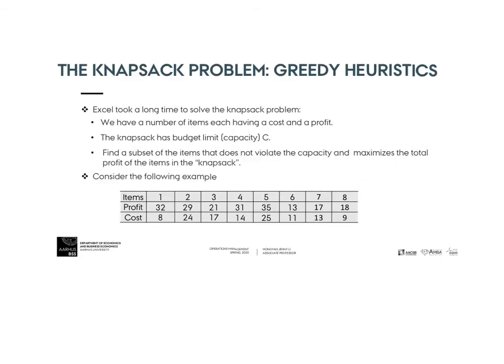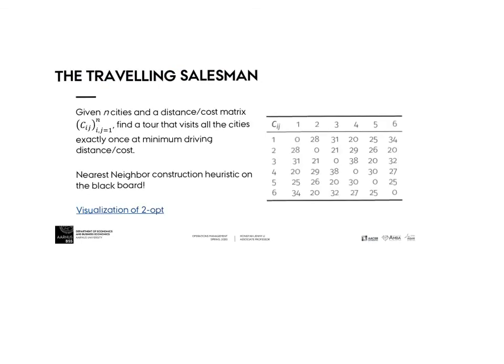Apart from the project scheduling example, we also use other examples to show you different heuristic methods. For the knapsack problem, we do a greedy heuristic. This Excel workbook is available, and I will show you how to get these different types of heuristics in the screencast. We also use the traveling salesman problem to show you how to do sequencing.